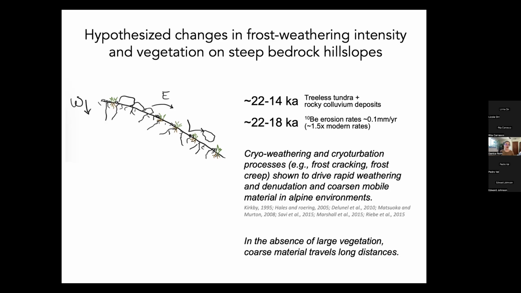And from data dating the deposits and from beryllium-10 erosion rates, we know that these deposits came down up to around 14,000 years ago, post-LGM, and beryllium-10 suggests that erosion rates during this period were 1.5 times modern rates, particularly in this study area.